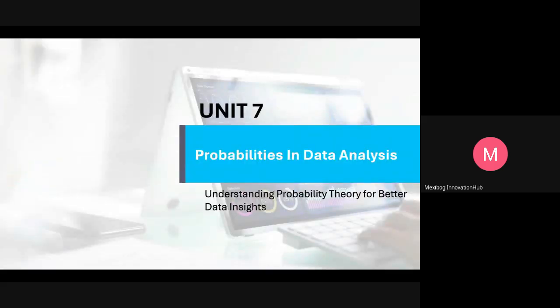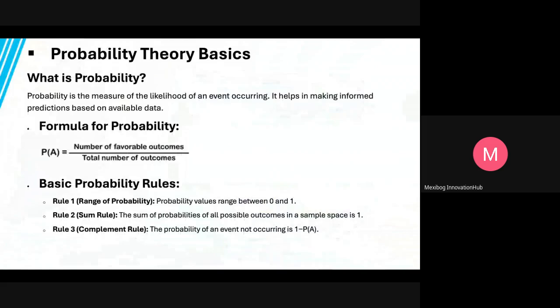Unit 7, probability and data analysis. That is understanding probability theory for better data insights. Probability theory basics. What is probability? Probability is the measure of the likelihood of an event occurring. It helps in making informed predictions based on available data.